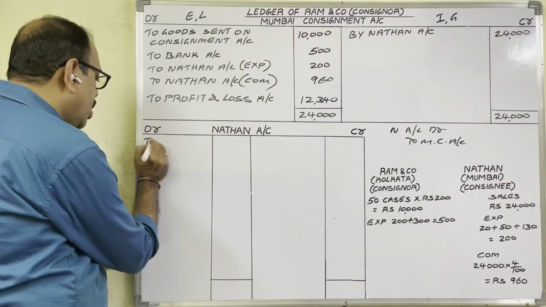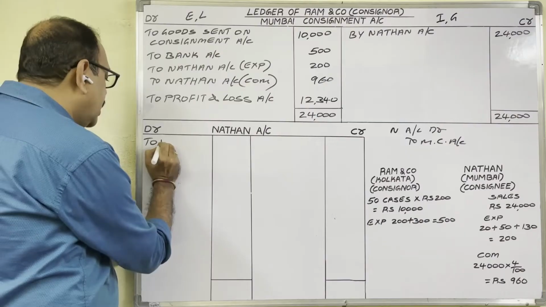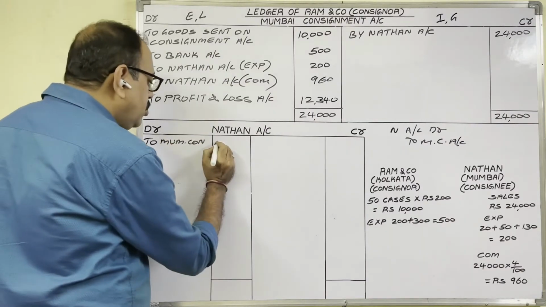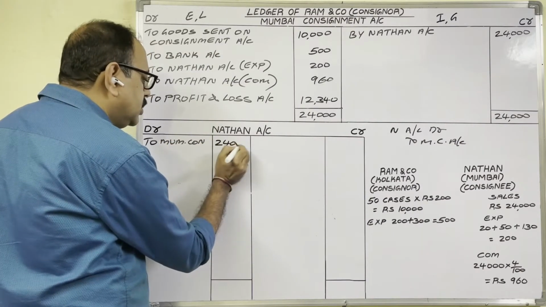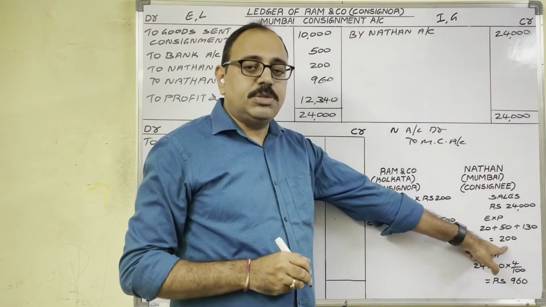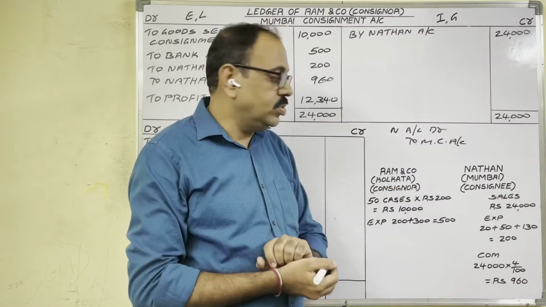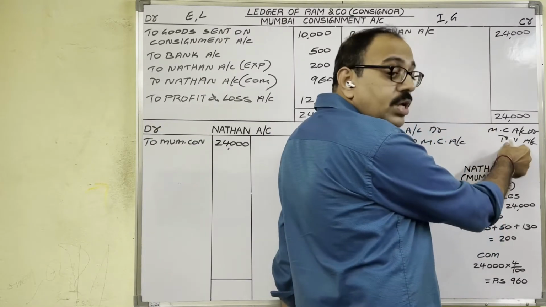To. What to write in particulars column? Credit account name, Mumbai consignment account. Sales amount 24,000 rupees. Next, consignee's expenditure. Entry, Mumbai consignment account debtor to Nathan account. In entry, Nathan account is credited.